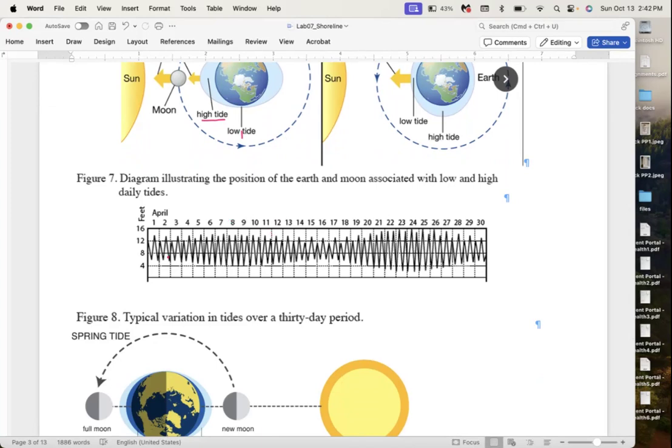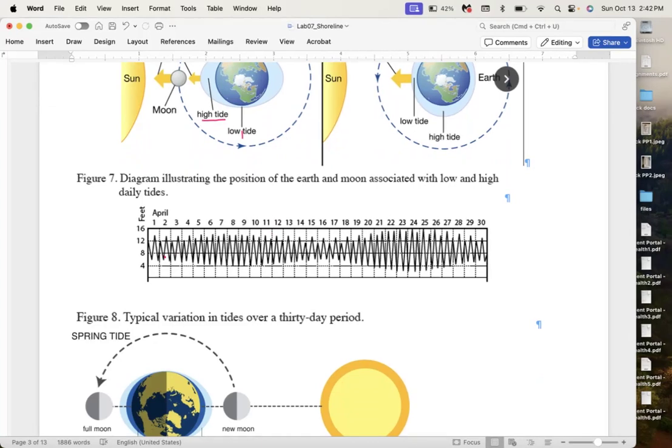So this diagram that I've given you here is basically the variation in tides over a 30-day period. So from April 1 to April 30th. This is the feet in range of the tides. And in this case, you have a low tide here, a high tide here, and a low tide here, and you were working on a high tide over here.